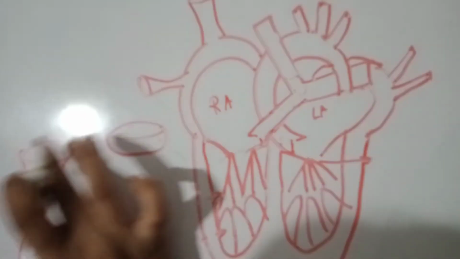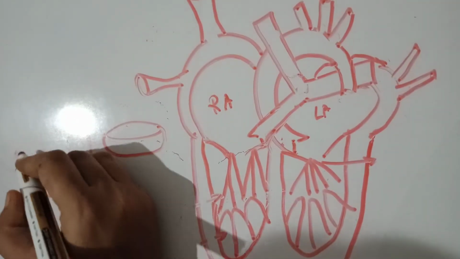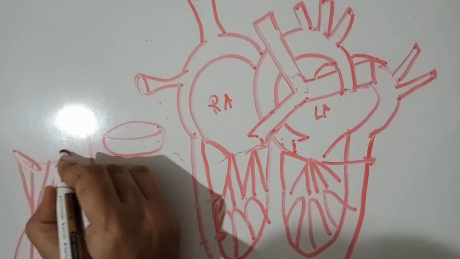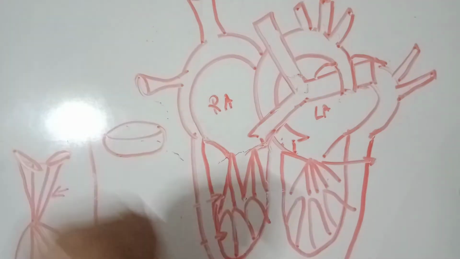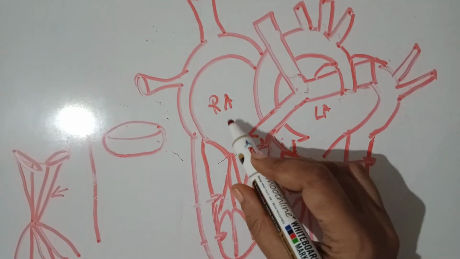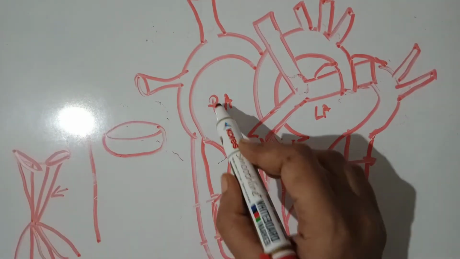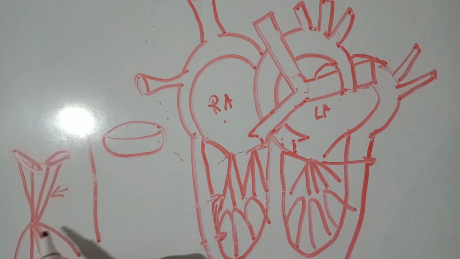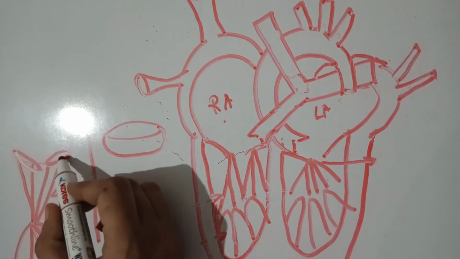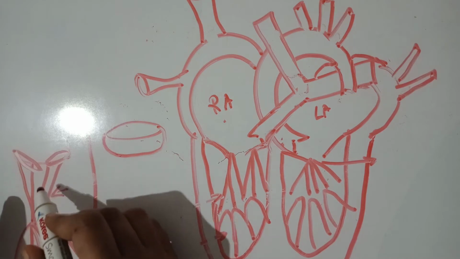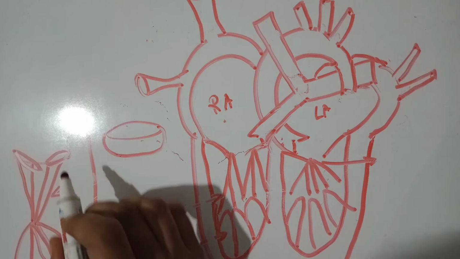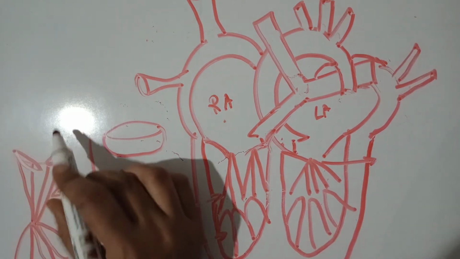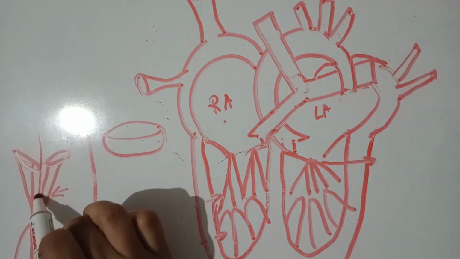So the flaps will turn down and this will make space. When the atria contract, the blood will be poured into the ventricles. Here the flaps go down and the blood flows from atria to the ventricle.